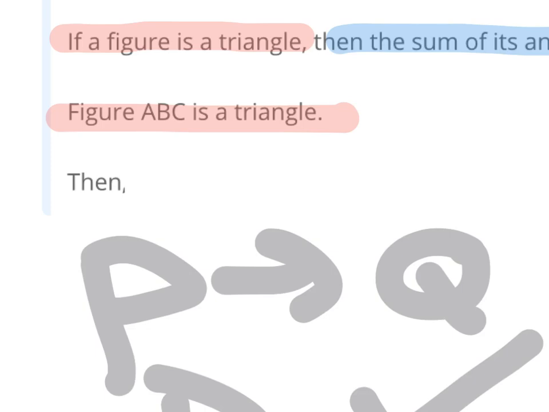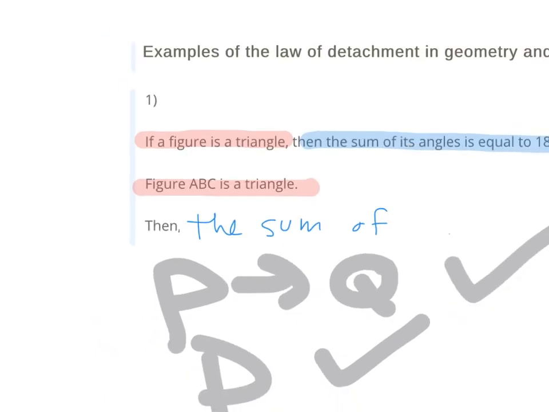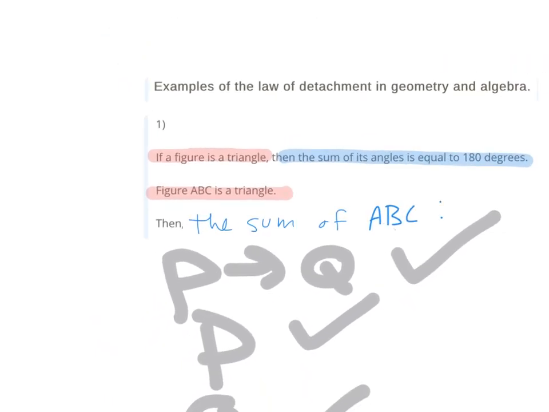Yes. So then the sum of ABC is equal to 180 degrees.